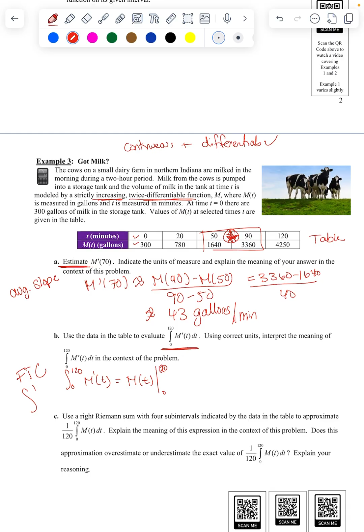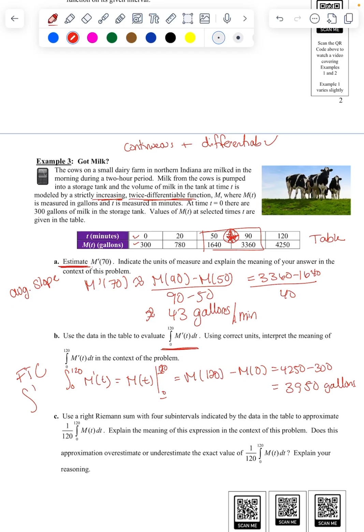You actually have to plug in these points right here. So this is going to be m of 120 minus m of 0. You do m of 120, that's easy from the table, 4250 minus 300. And that gives us 3950 gallons.